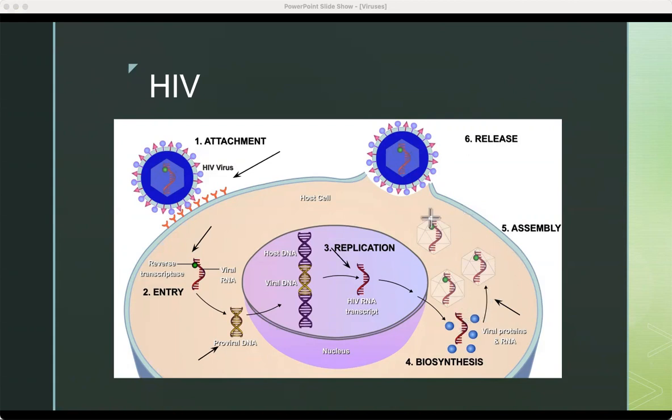And then what happens is what they're calling release in this picture. So the new HIV viral particle leaves the host cell. Now, it actually damages the host cell enough that it no longer works. It's not necessarily causing lysing at this point, but it has damaged the cell in the immune system to such a point that it no longer functions correctly.